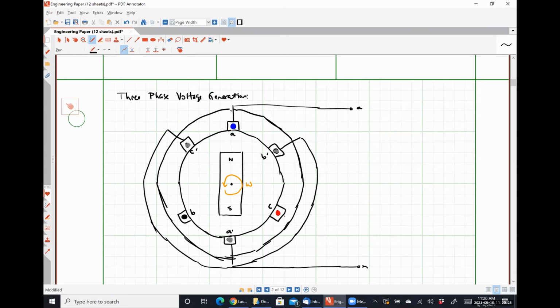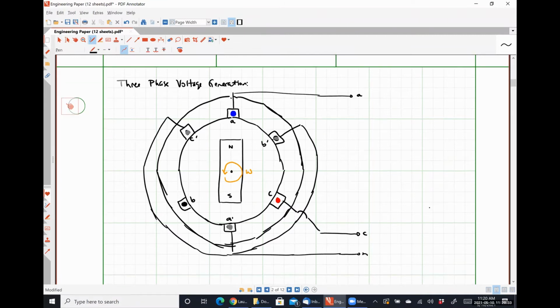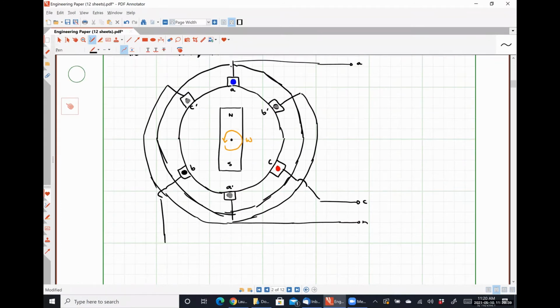Here is my C, so I'm going to jump that guy. And here is my B, like so. Okay. So this is a crappy drawing, but I'm trying to just explain what's going on. Let me fill this region in to let you know that that's all the stator. Okay.